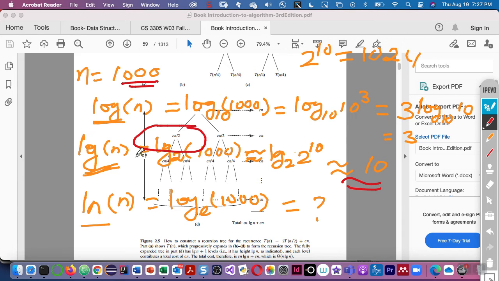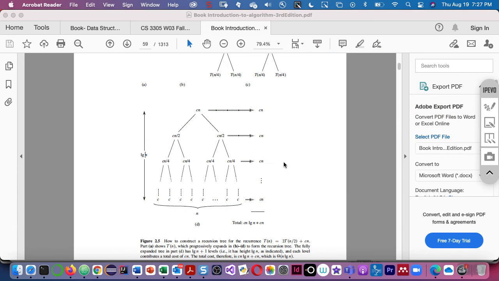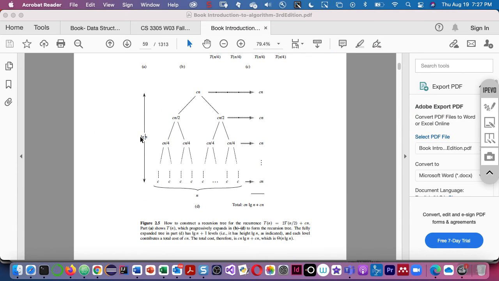We see that log base 2 of n for n equal to 1000 is approximately 10. It will take only 10 splittings. After 10 splittings, we will come up with some small unit that will be easy to solve, right? So this length is lg n. You understand why this is lg n?